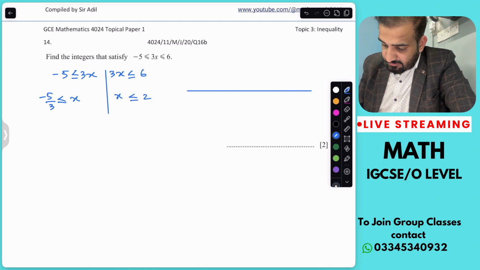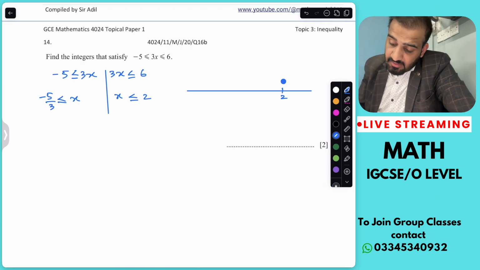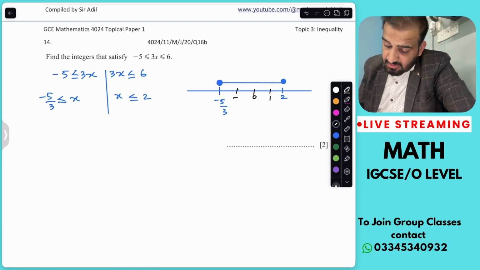If you draw a number line, it is 2 with a solid dot and up to minus 5 over 3, which means minus 1 point something. So minus 5 over 3 with a solid dot again. So what are the possible integers between them? It is 1, 2, 0, and minus 1. So minus 1, 0, 1, and 2.